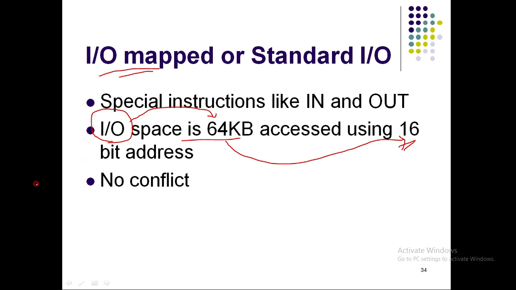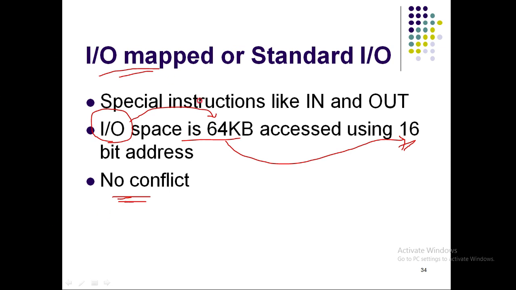Now, when we use this IO mapped method, one major advantage is there will be no conflict. What is the meaning of no conflict? As I told you in the beginning, it means that between the IO and the processor there will be no competition, so there will be no demands to access the processor immediately.